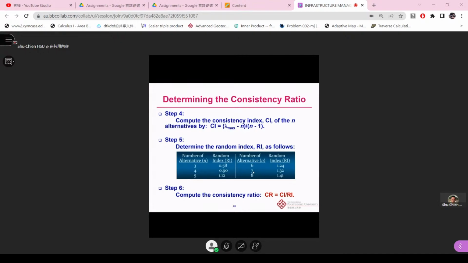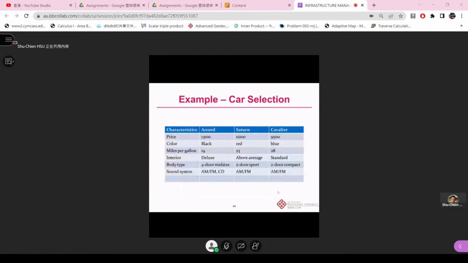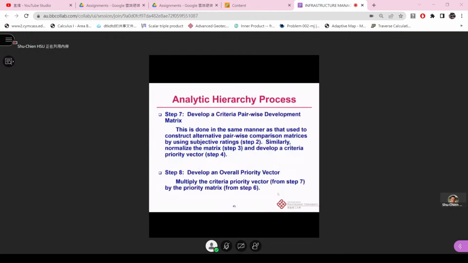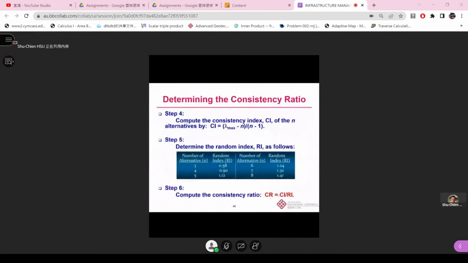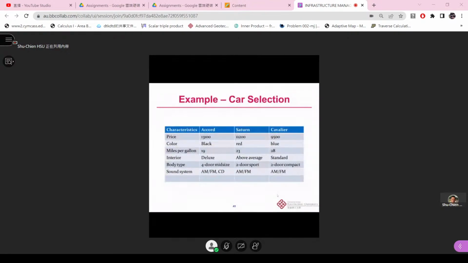If we have 7 alternatives, then the random index RI is 1.32. So finally, we can compute the consistency ratio. CR is equal to CI divided by RI. All right, so this is how we do the consistency ratio.